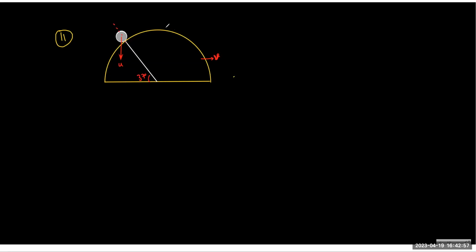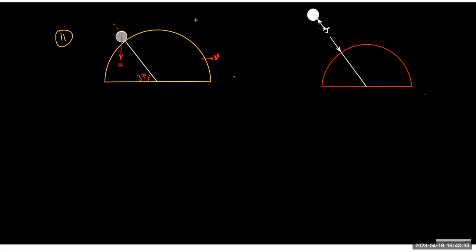So if you do the impulse diagram for each body separately, the impulse on this hemisphere will act like this, and the same impulse on the ball will act opposite.